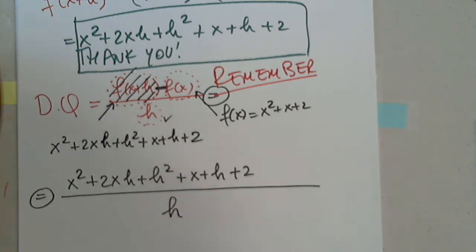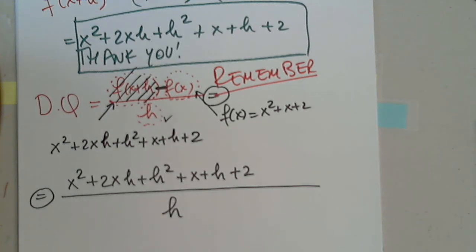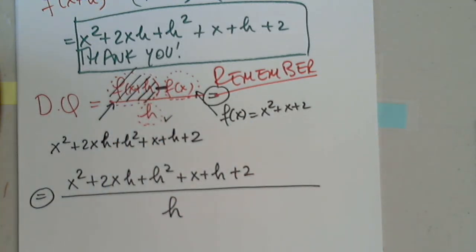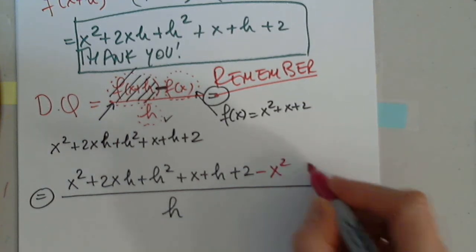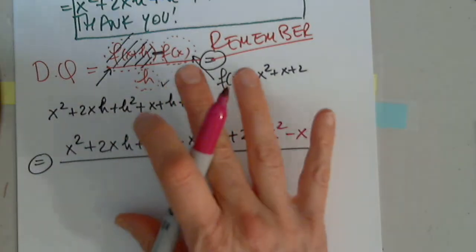Is that what you're asking? So I have minus this quantity. How do I write that? I don't know. Can you distribute -1 to these three terms for us? Oh yeah, so just negative x squared minus x minus 2. Brilliant.